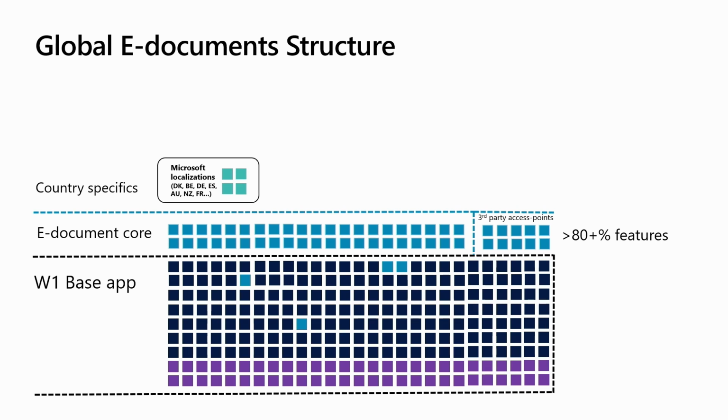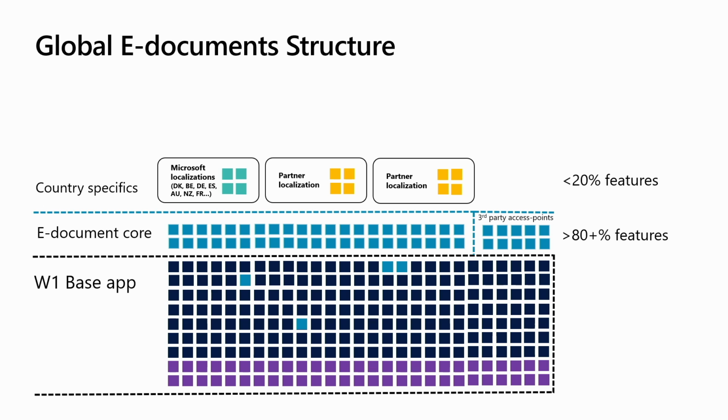This is the basic framework, common functionality plus integration with external services. On top of that, Microsoft already delivers some localizations, and we are planning to deliver more localizations as independent local apps. We expect this from partners as well, to make your own localizations, and not only localizations.